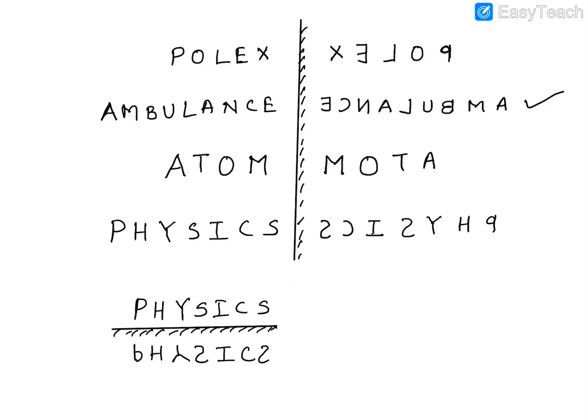Okay, now guys, next thing is about the characteristics. What are the characteristics of the image formed in a plane mirror? There are 4 or 5 characteristics which you need to know.